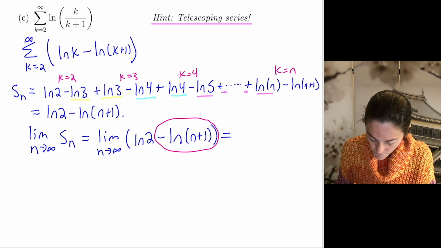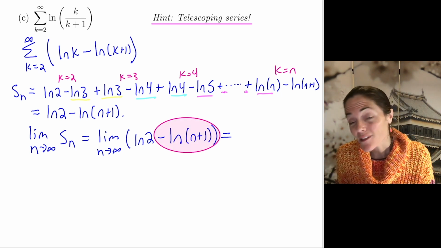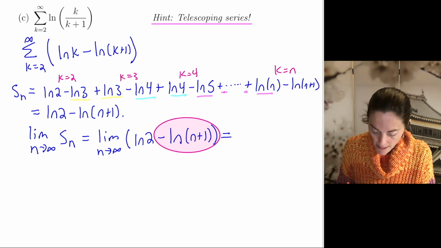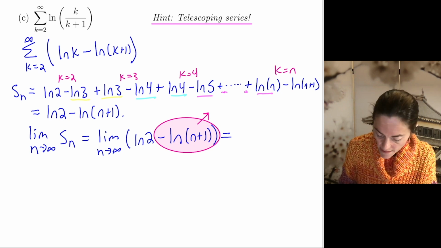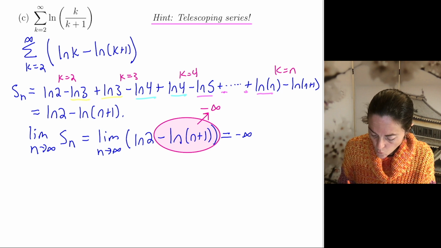Well, this part, natural log is growing without bound, right? And we have a minus in front. And so this is going to negative infinity. So this limit is minus infinity or does not exist as a finite number.